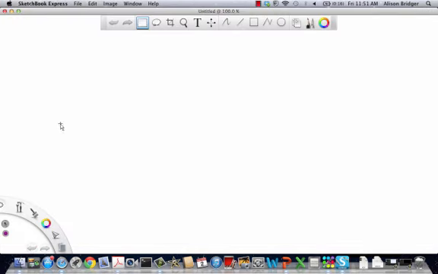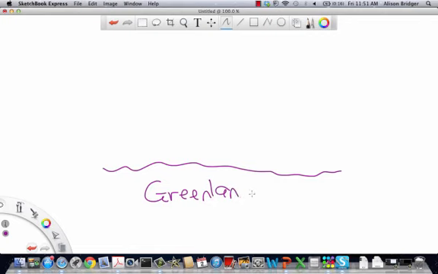Let's draw a little sketch here. Suppose that at the bottom here, this is Greenland, the rocky part. And let's suppose we're far enough back in time where there's no snow. And then one day it snows.